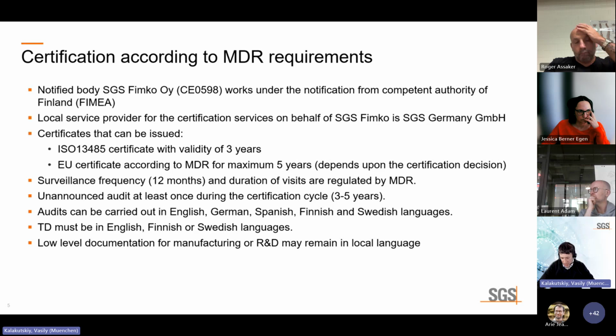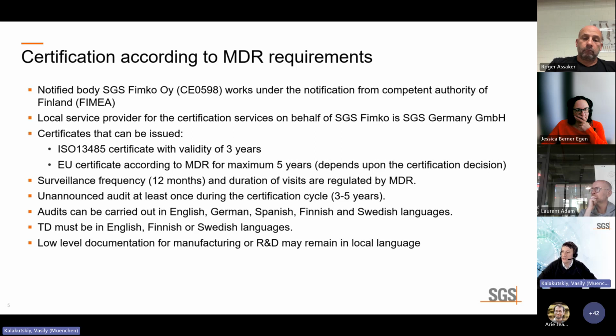On top of that, medical device manufacturers will get an unannounced audit once during the certification cycle. So the 5 years is the certification cycle. During these 5 years, auditors from the notified body will knock at your door and would like to perform the unannounced audit, which is mostly oriented on the product, checking that your technical documentation really fits what you manufacture and what you ship.